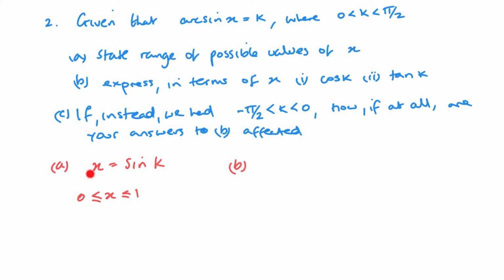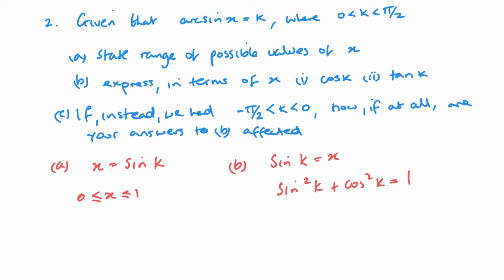let's start with this. So from the last one, we got sine k equals x. Now, a way of linking sine and cos together is with sine squared k plus cos squared k equals 1.